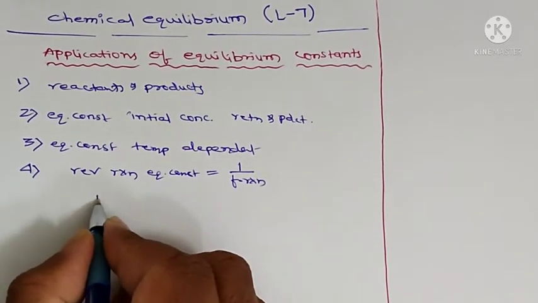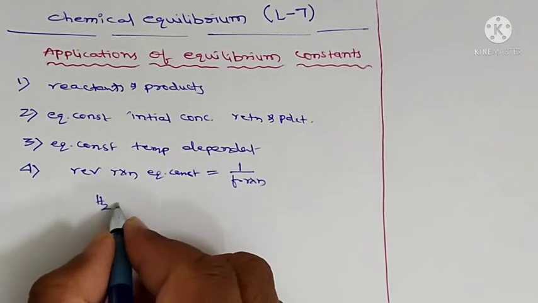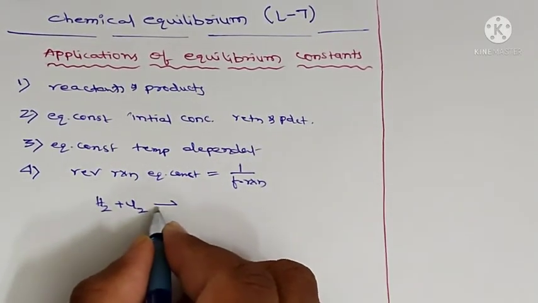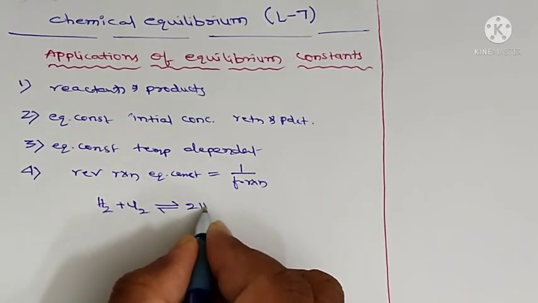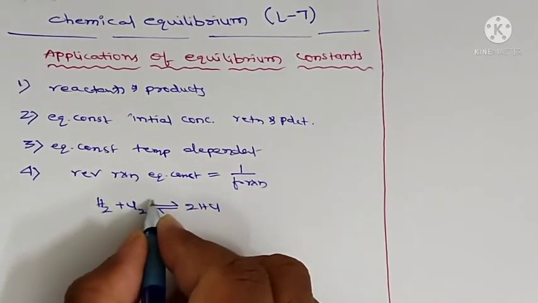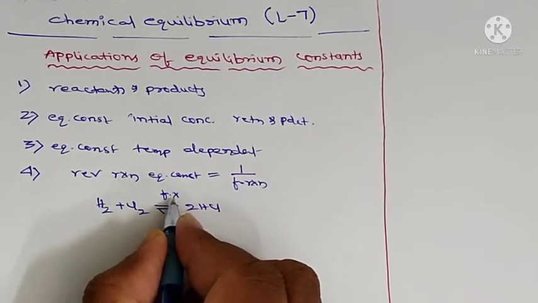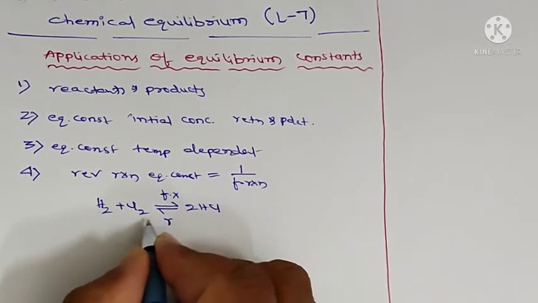Let me take one example. H2 plus Cl2 in equilibrium with 2HCl. So this is the forward reaction and this is the reverse reaction.